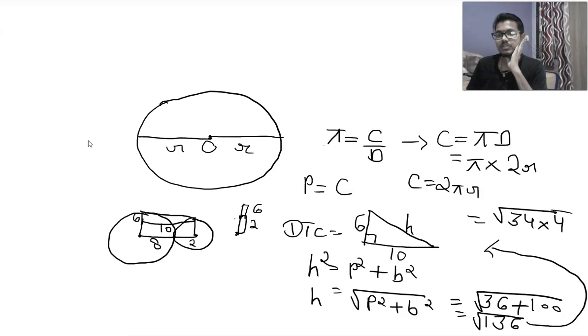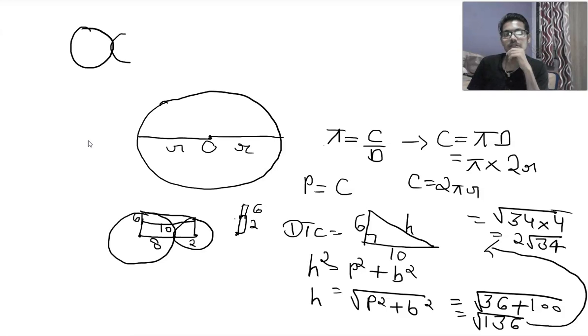Now we can take 2 outside. This is the reduced form of root 136. So here the direct common tangent is 2 under root 34.